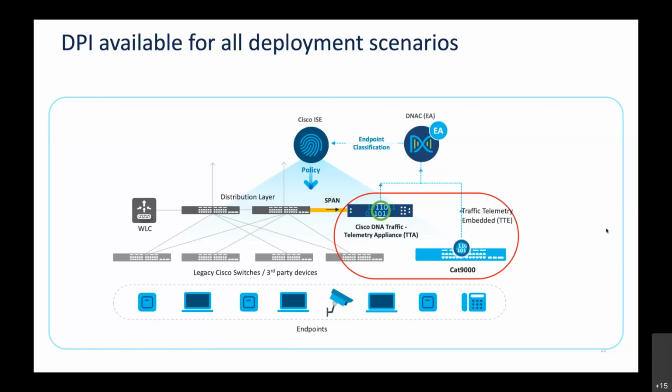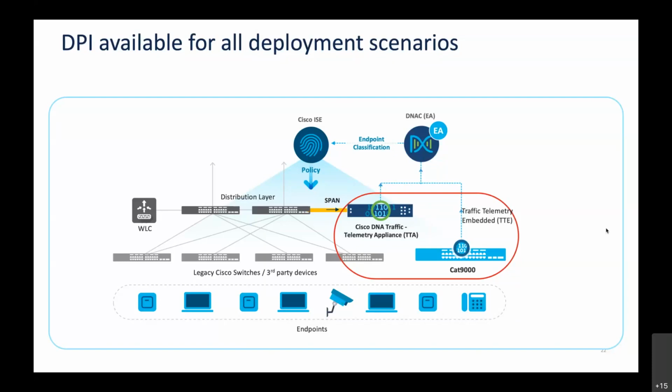And at that point, the TTA is going to do the same thing that a Cat 9K would do. And it is going to perform that deep packet inspection and pass that telemetry up to endpoint analytics. And then, of course, after endpoint analytics profiles and classifies these endpoints, we share that information with ICE, where the policy is created and then sent down to the infrastructure for enforcement. So in terms of deployment scenarios, there are two different deployment scenarios that we support.